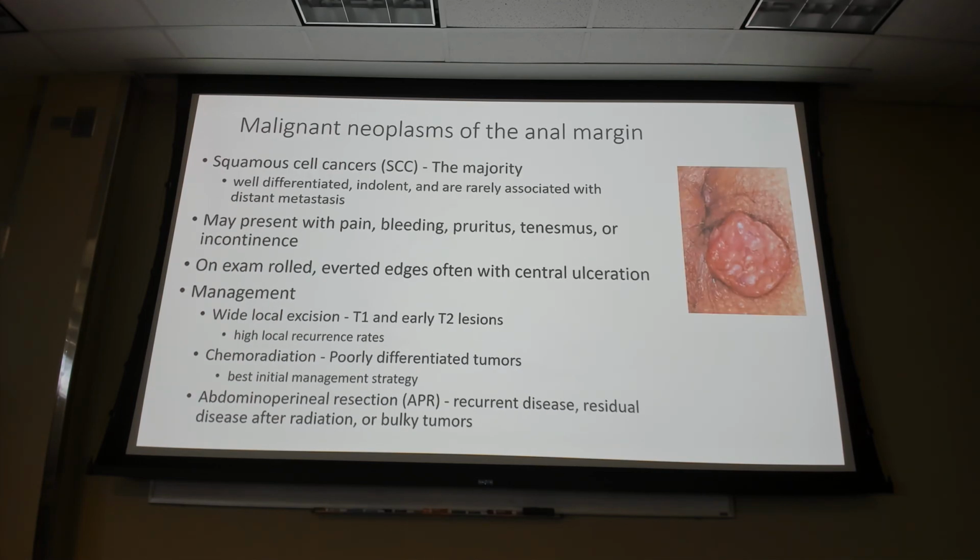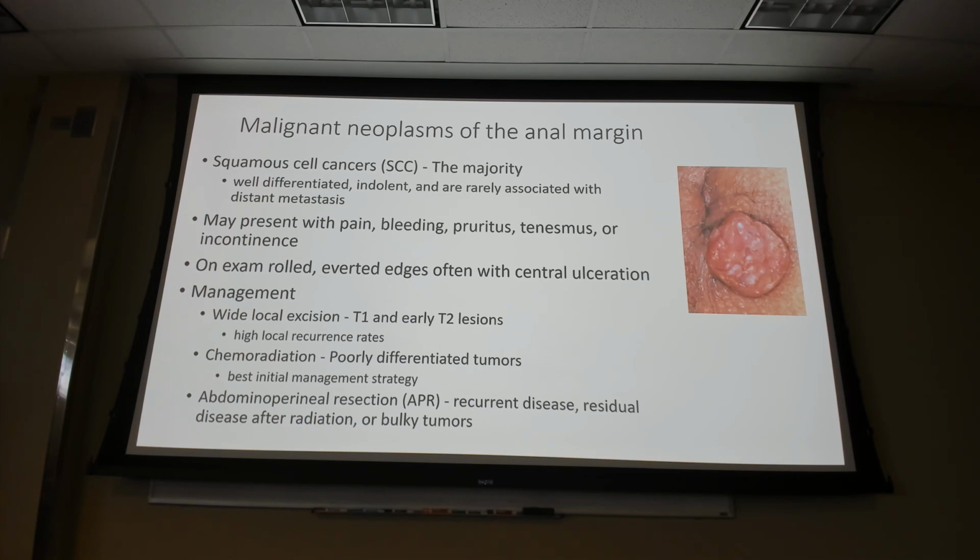And then neoplastic lesions. This is actually not very common, but it is something we do need to consider. They could have squamous cell carcinoma at the anal margin. Typically not associated with metastases, but they usually have pain, bleeding, pruritus, tenesmus, and might have incontinence. As you can see on the lesion there, it has rolled everted edges and central ulceration.